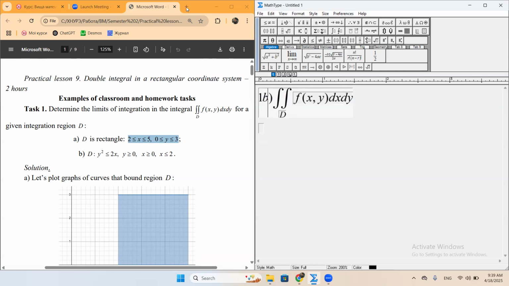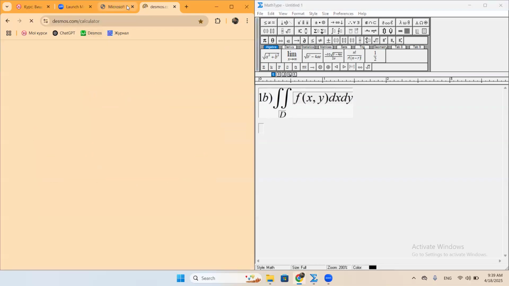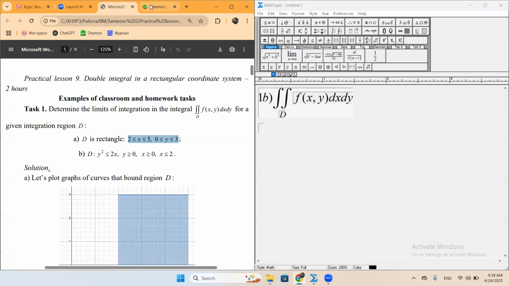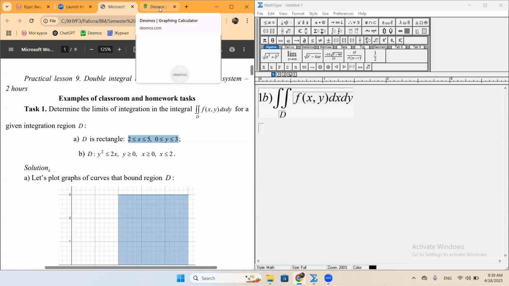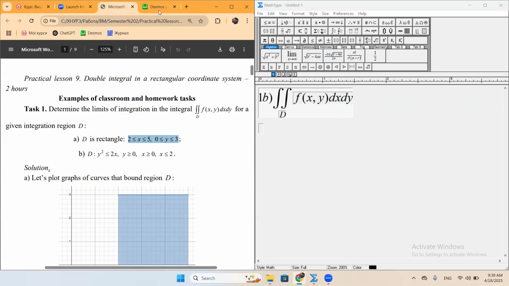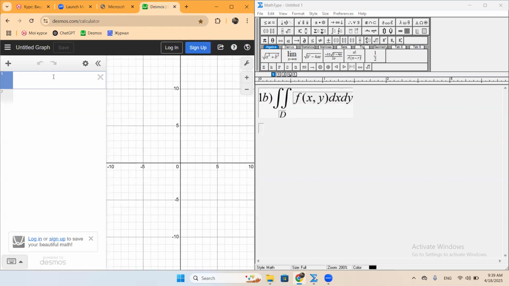What do we have actually? y is greater than or equal to 0 and y squared is less than 2x. So it is a parabola.